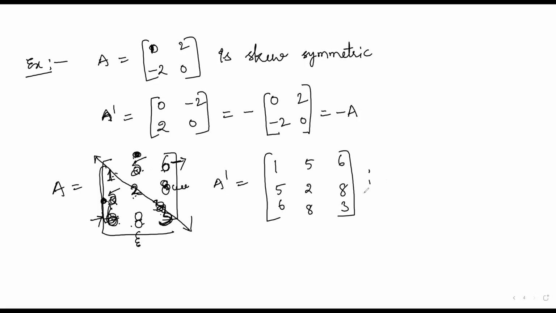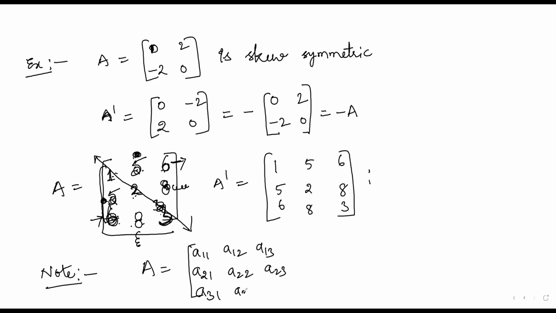Very important note. Now let's say A is any matrix. Let's take 3 by 3. A11, A12, A13, A21, A22, A23, A31, A32, A33. Now let A be skew symmetric.